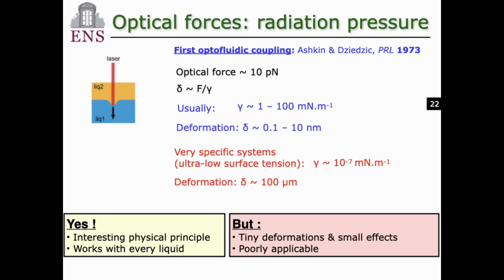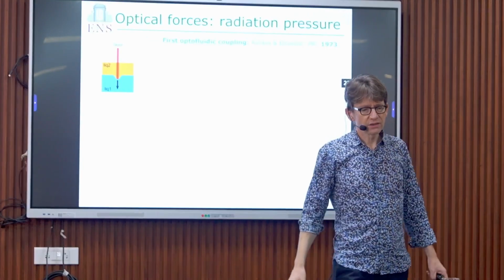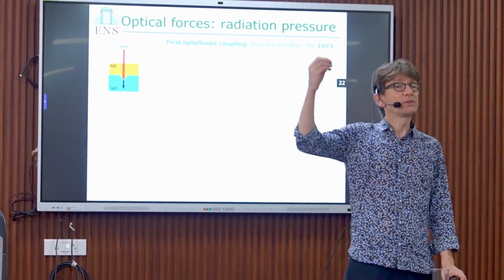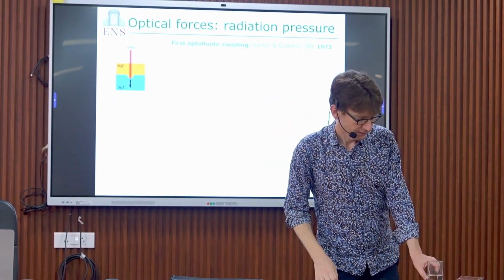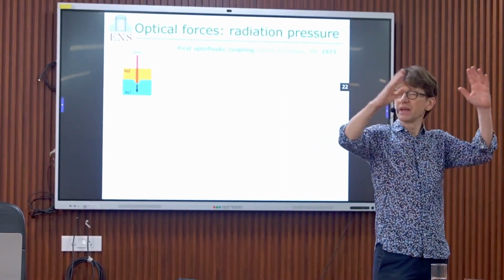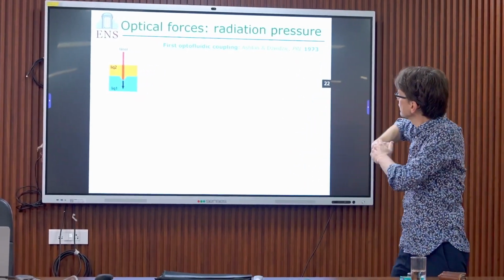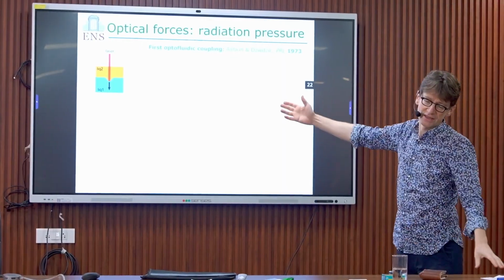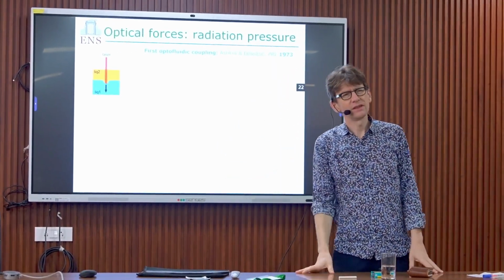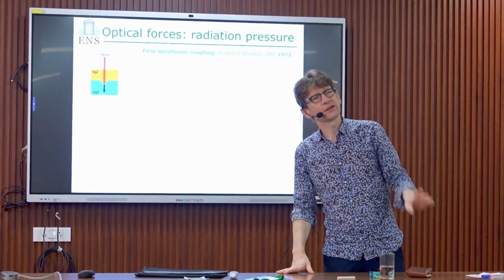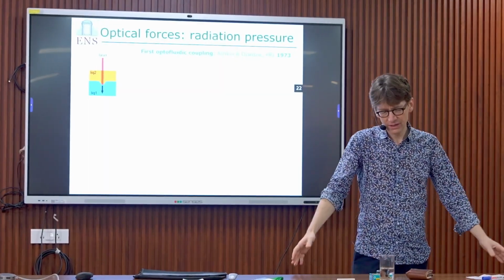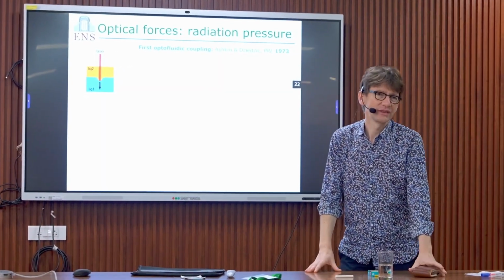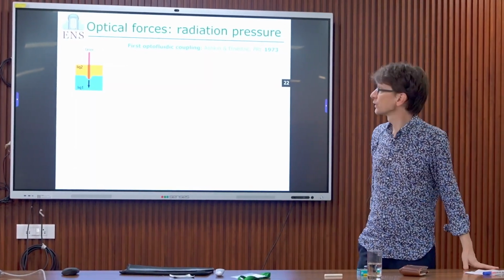There was an amazing researcher, Ashkin. He's actually the person who invented optical tweezers. This guy was an amazing person. They gave him a Nobel Prize. He was already 95 years old, and it was a bit strange because he should have got his Nobel Prize much earlier.